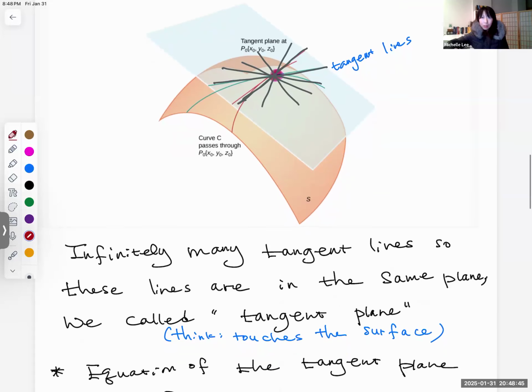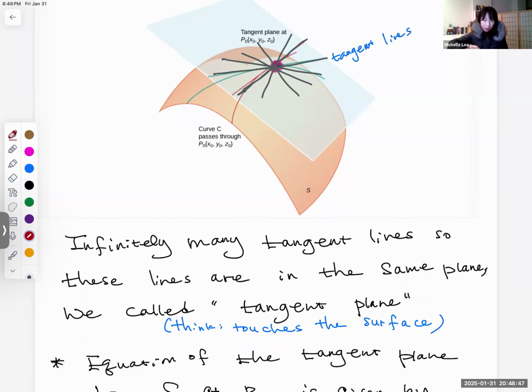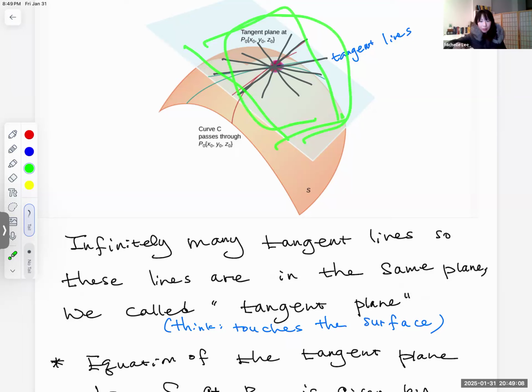Here are many tangent planes. We call this a tangent plane at the point, meaning the many tangent lines at the point. This is a tangent plane. So we might think of it as touching this surface, right?